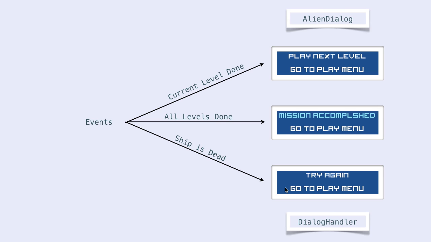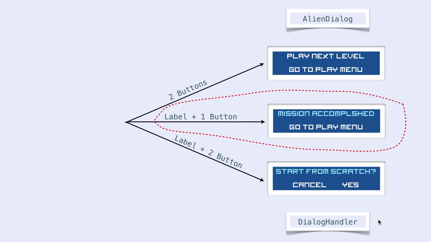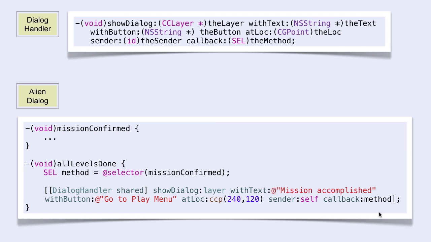We will have two classes that will help us accomplish this. An alien-specific class called Alien Dialog and a general singleton class called Dialog Handler. Here is an example how this might work. The dialog handler knows how to put up a dialog given some basic data.